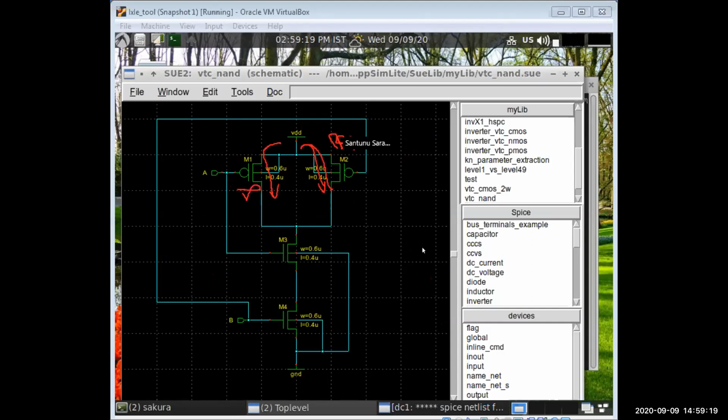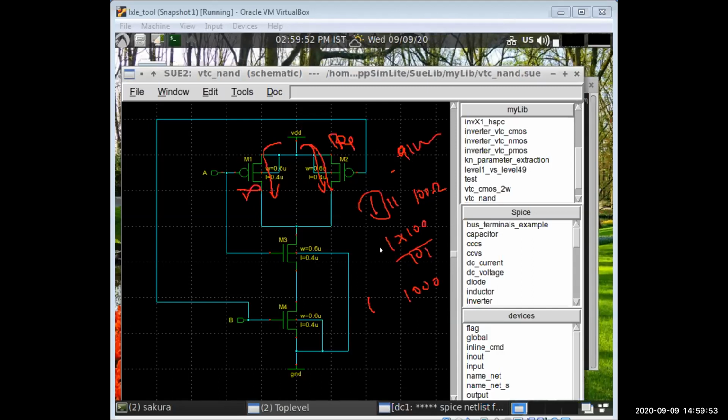Suppose 1 ohm resistance is there and 100 ohm resistance is there. What is the equivalent resistance in parallel? It is 1 into 100 by 101, which is 0.99999. If it is 1 and 1,000, the resistance is more close to 1.